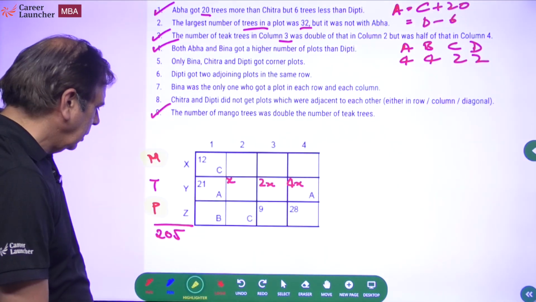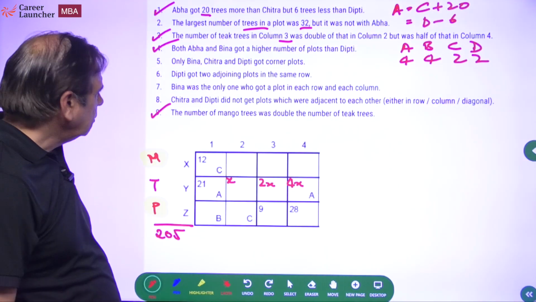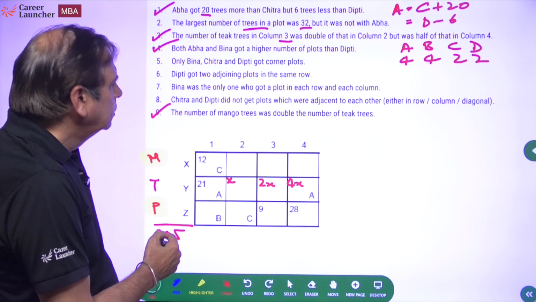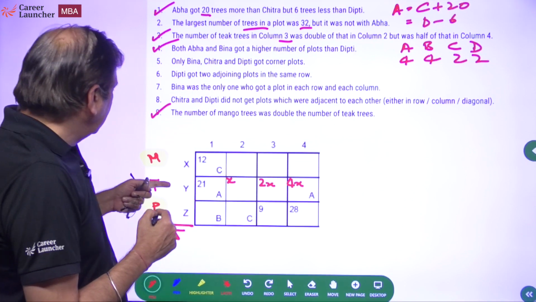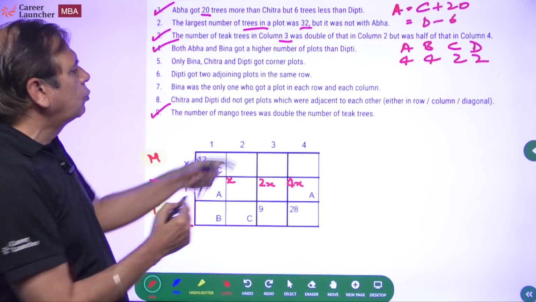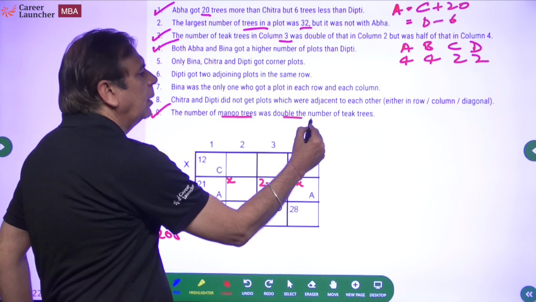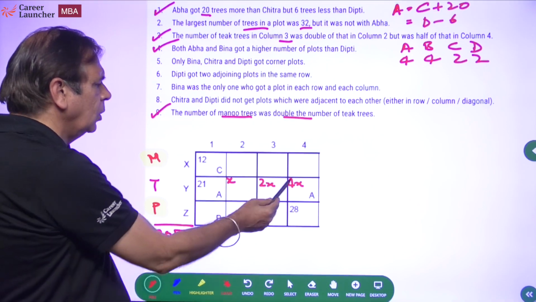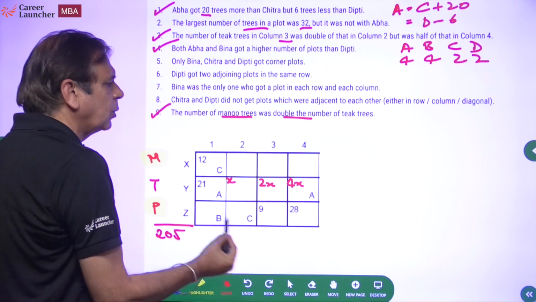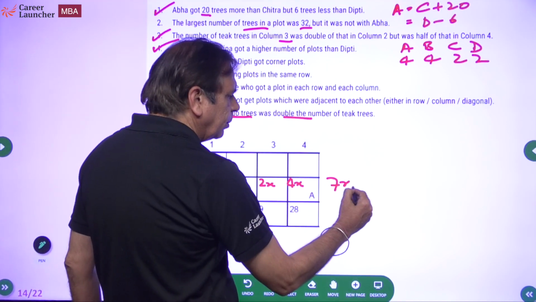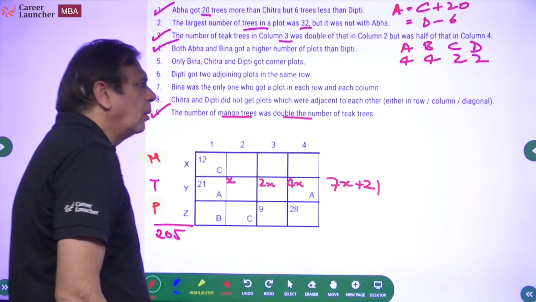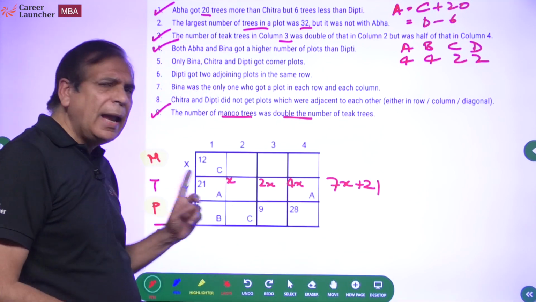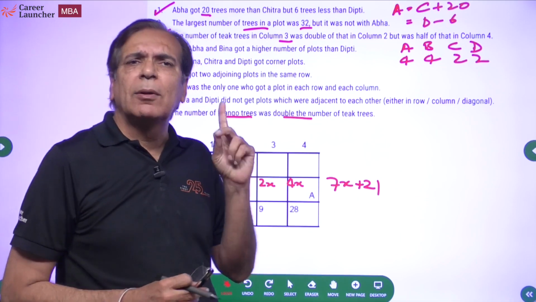Okay, let's go back. We know that the number of mango trees is double the number of teak trees. So how many teak trees are there? 4, 5, 6, 7x plus 21. This has to be 7x plus 21. Now, x can be only a multiple of 3 or 4.